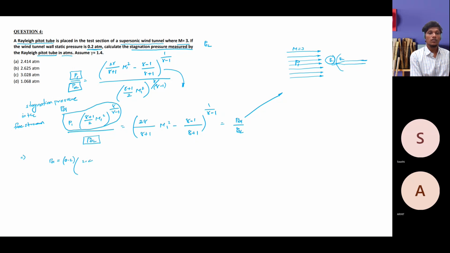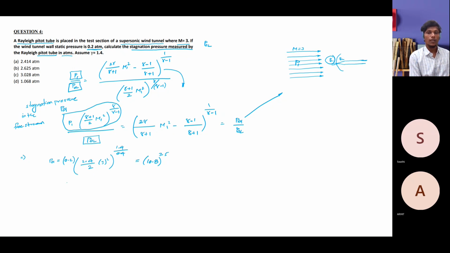If I substitute gamma equals 1.4 and M1 equals 3, M square, this will be 1.4 by 0.4, and this will be your P01. If you calculate that, you will get approximately 10.08 to the power 3.5. This is the value you will get for P01.